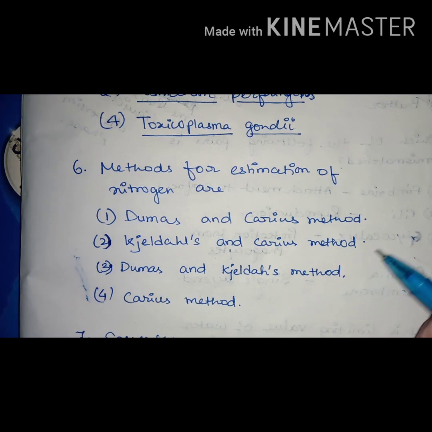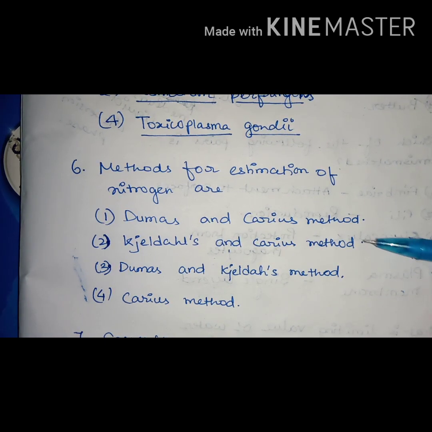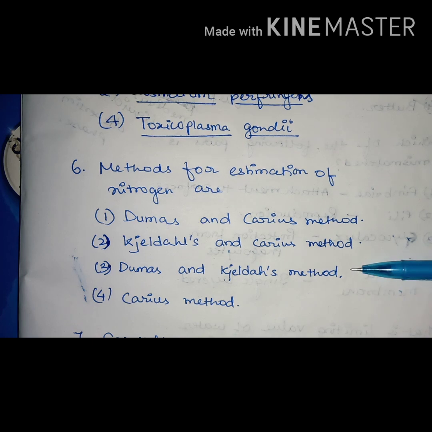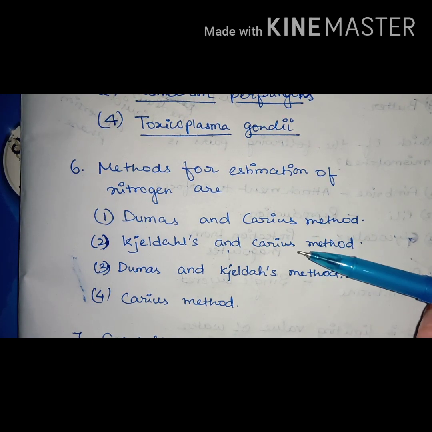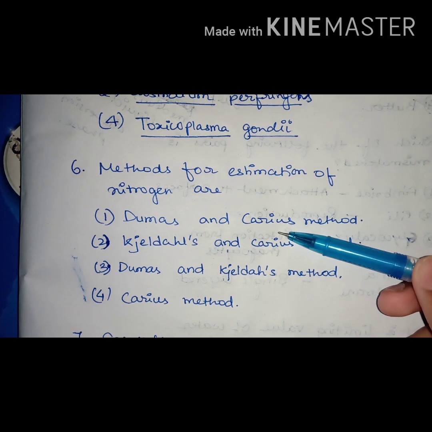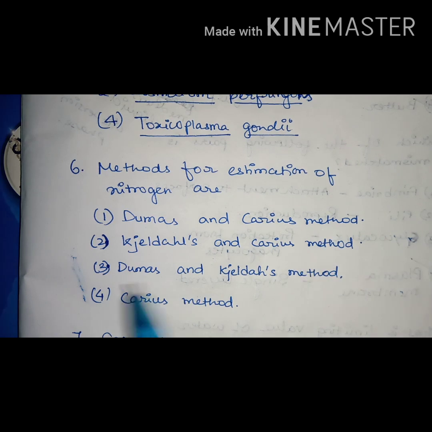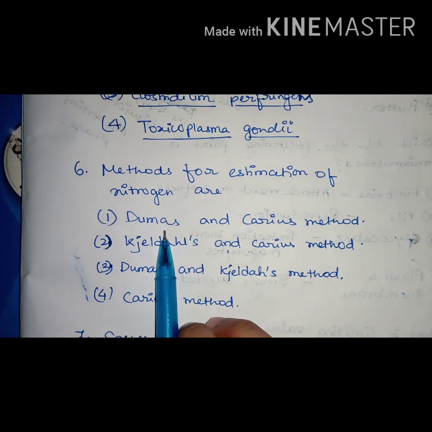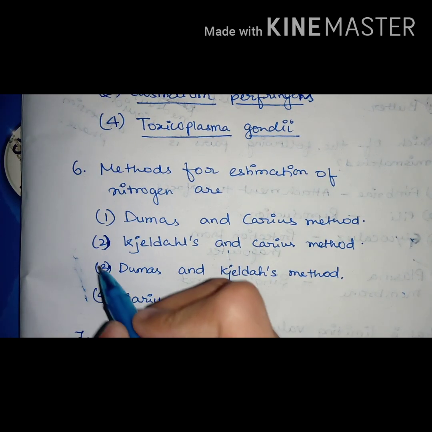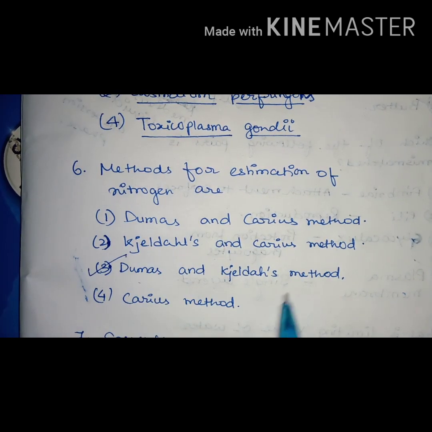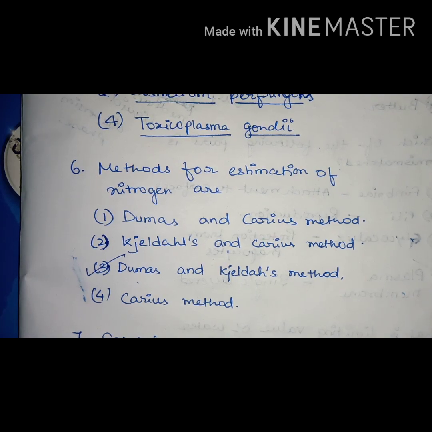So the answer is in between 2 and 3. Carius method is used to measure the halogens, and Dumas is another method by which we can measure nitrogen. So the answer is 3, Dumas and Kjeldahl method.